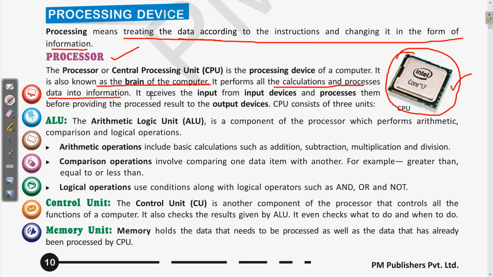Not only this, it also receives input from input devices, then processes it before providing the processed result to the output devices. What does it mean? Suppose you are attaching a keyboard, mouse, or microphone. All this input is received by the processor. Clear? When it receives the different inputs, it processes them, calculates, or does whatever operation is required.